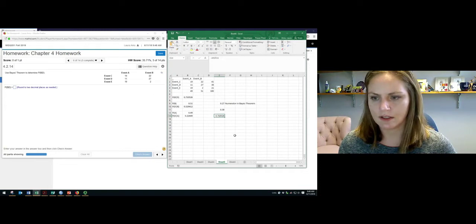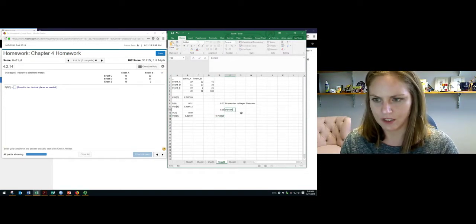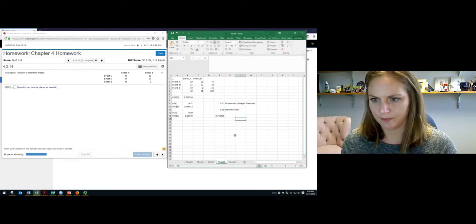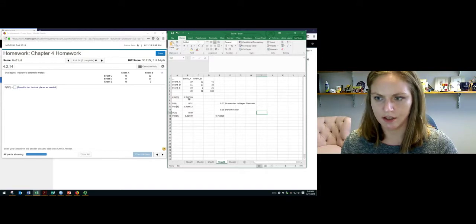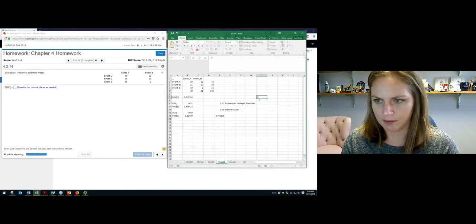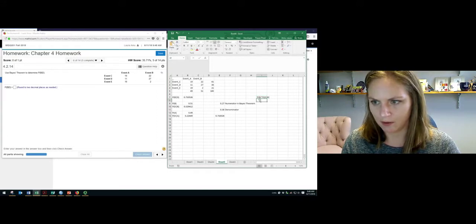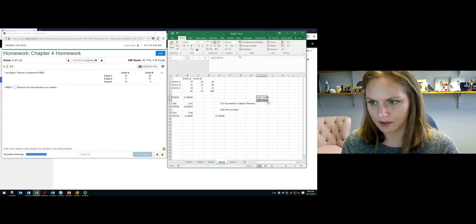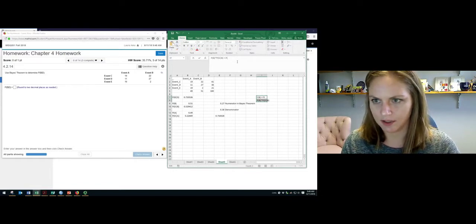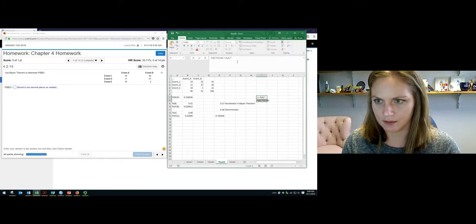So another way to get the probability of B given D is through this formula: the probability of B times the probability of D given B, over this plus the probability of A times the probability of D given A.